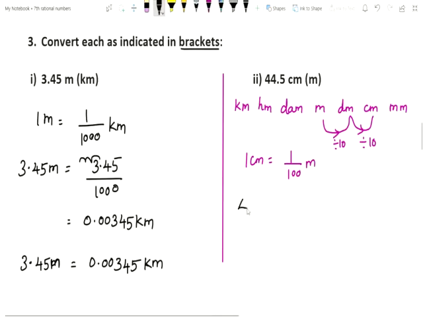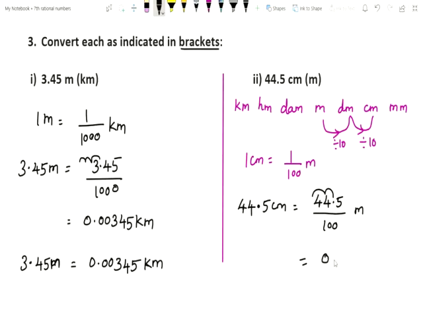So 44.5 centimeter equal to 44.5 divided by 100. Okay, so while dividing by 100, the decimal place will move 2 places to the left.